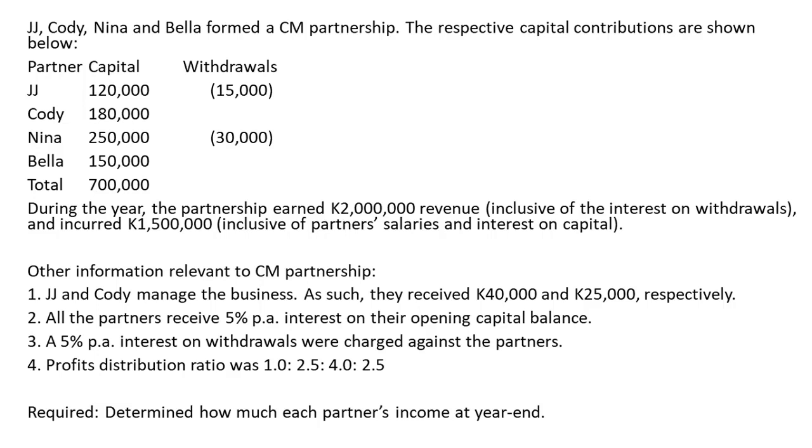Profit distribution is 1:2.5:4:2.5, so 1 over 10 for JJ, Cody 2.5 over 10, Nina 4 over 10, and Bella 2.5. We were asked to determine the partners' income at year end.